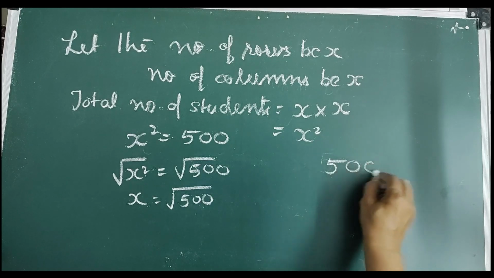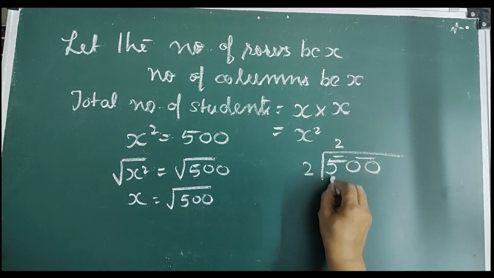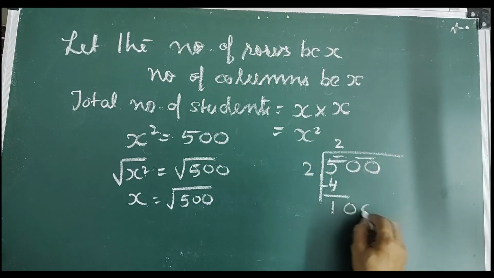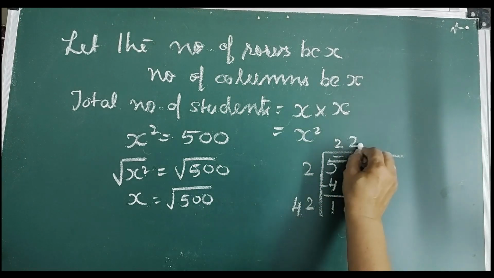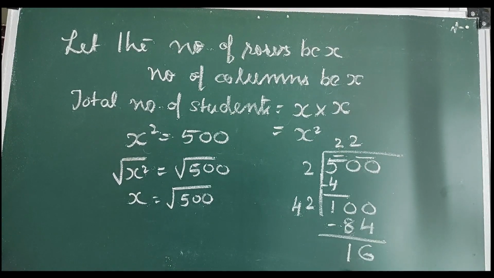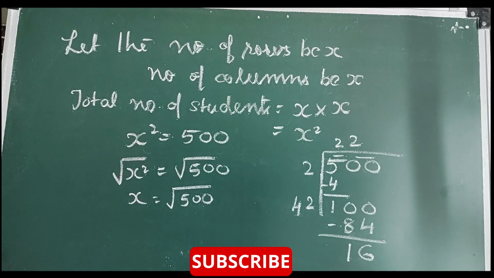So 2 2s are 4, then 100, 2 2s are 4, 2 times 42 is 84, then the remainder is 60. The remainder is 60. This shows that 500 is not a perfect square.